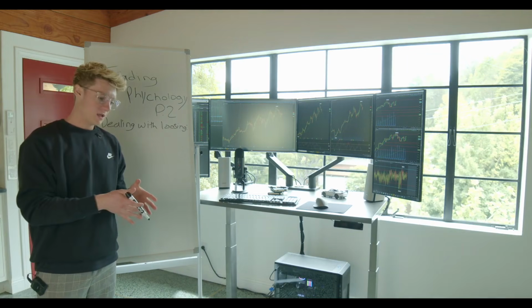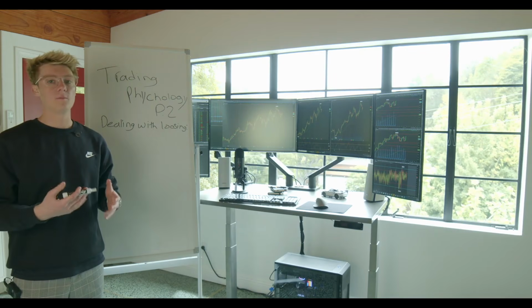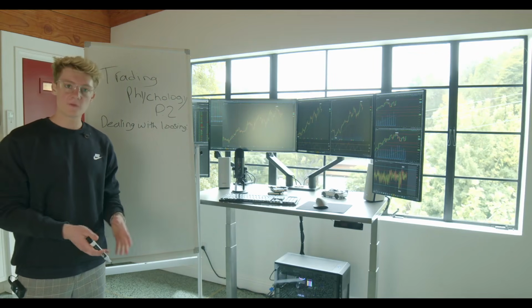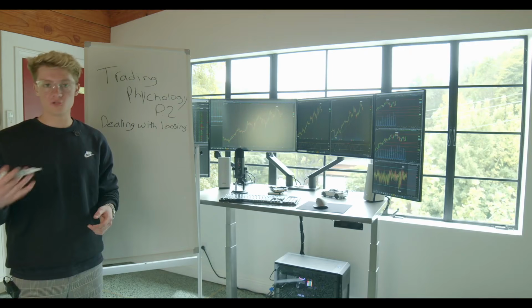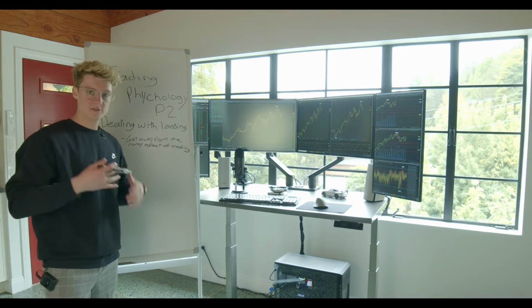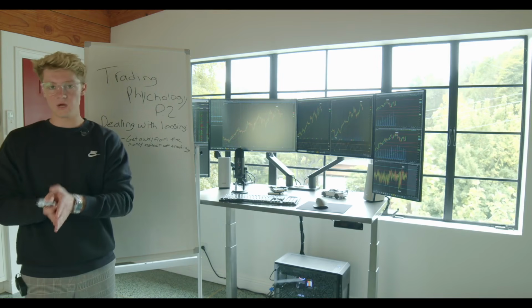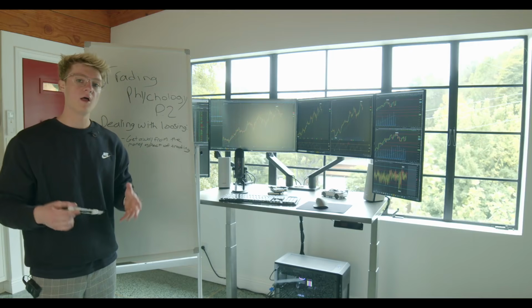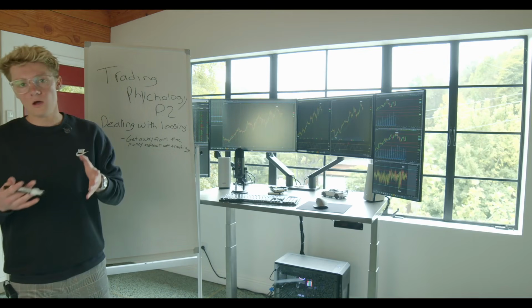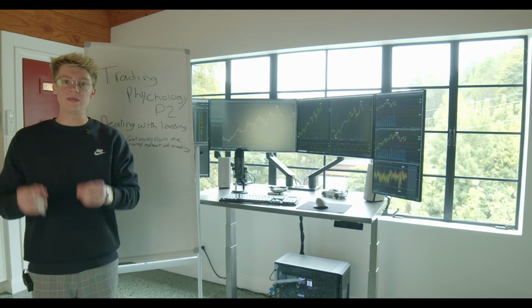All right, the first thing that you have to be able to do is get away from the money aspect of trading and instead focus on the trade itself. Again, just a reminder, make sure that you're taking notes throughout these lessons. So what do I mean by get away from the money aspect of trading? Well, one thing that a lot of new traders do is they focus so much on their P&L, right?